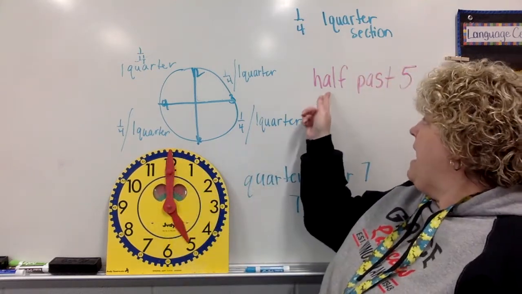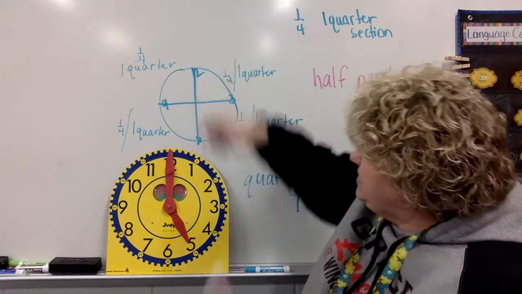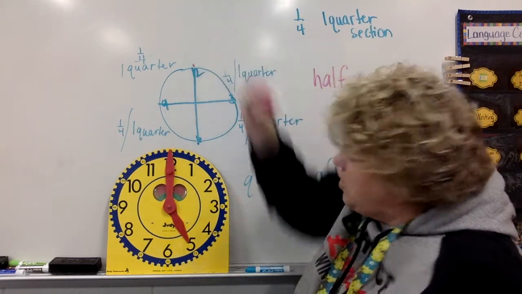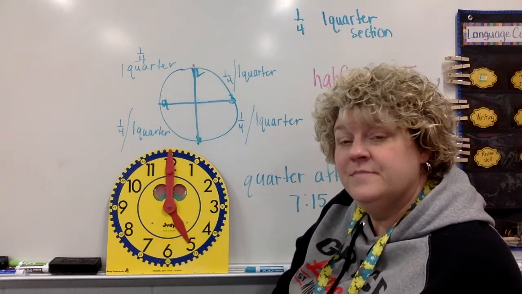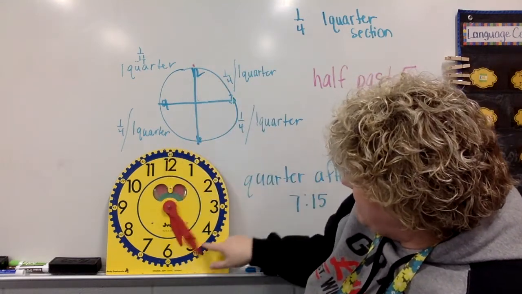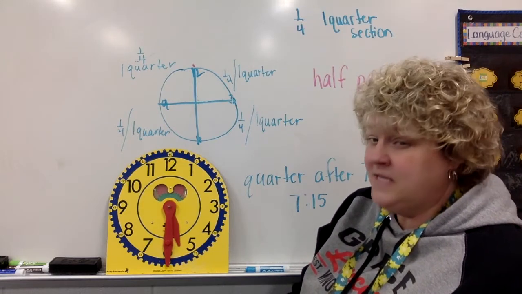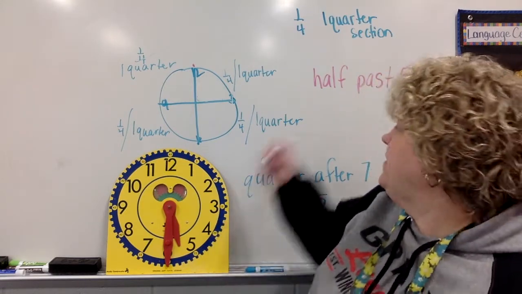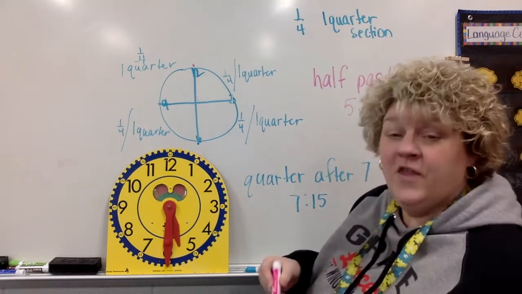We want to go half. So again, we think of our blue circle. If here's our starting point, where is halfway around the circle? Yeah, you're right. It goes all the way down here to the 6. So half past 5 is that time right there. And that time is 5:30. You're right. Half past 5 is the same thing as 5:30.